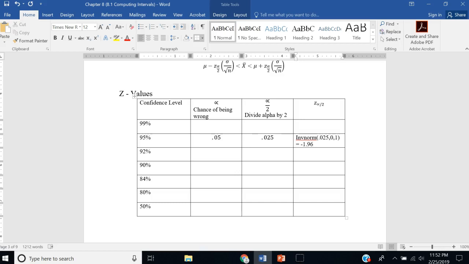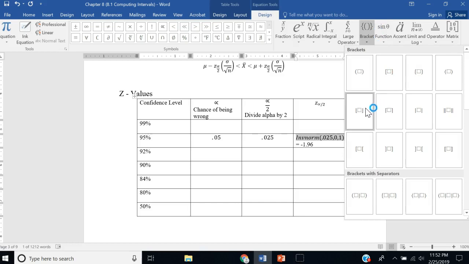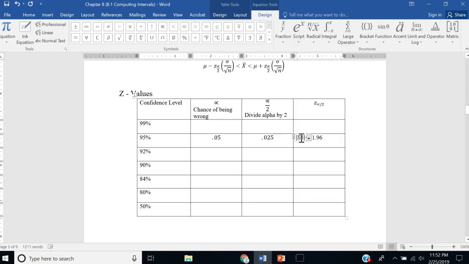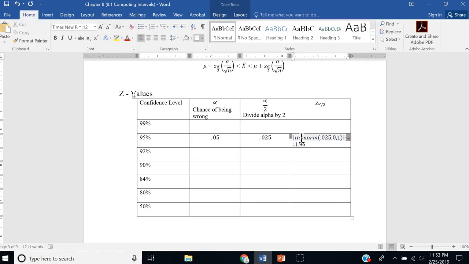What we want is a positive number. So what I'm going to do is go inverse norm 0.025, comma 0, comma 1, and then take the absolute value of it, which just means that I lose the negative sign there.